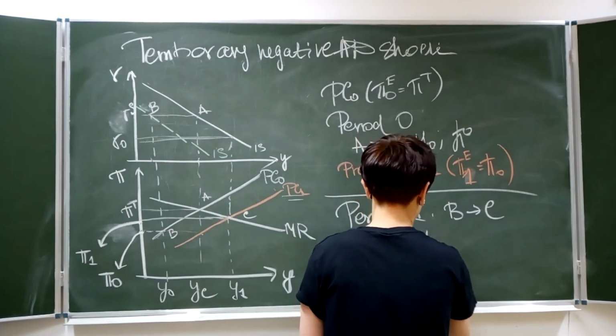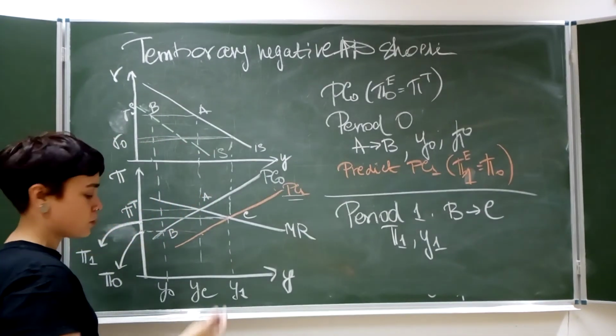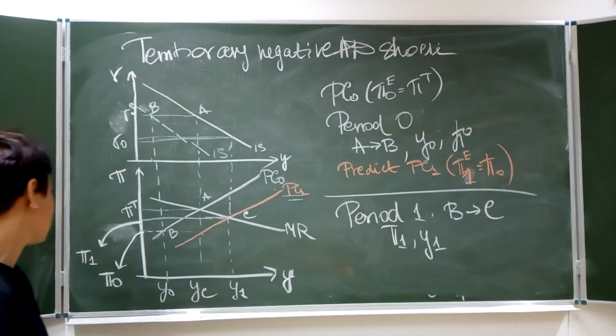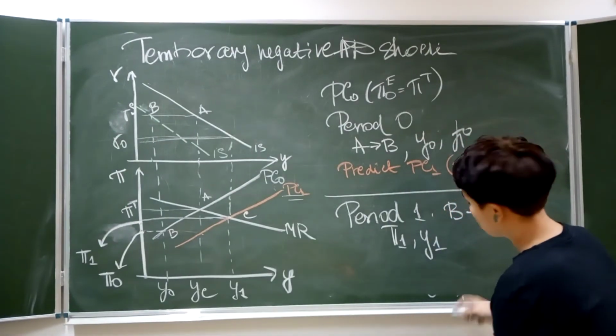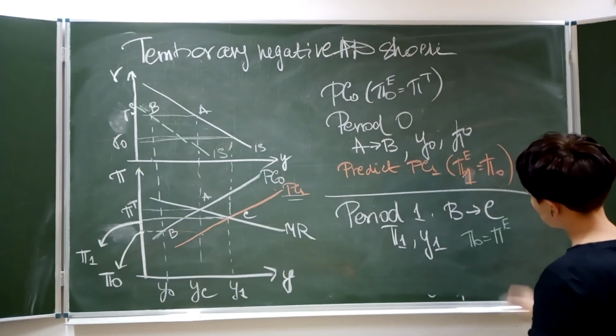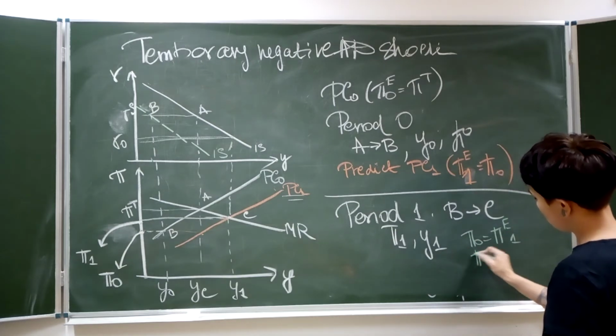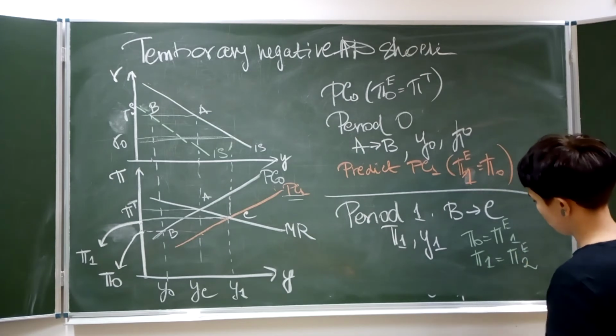So in order to define R1, first we predict Phillips curve in the next period. So again, as you remember, pi0 was expected rate of inflation in period 1. Pi1 is expected rate of inflation in period 2.